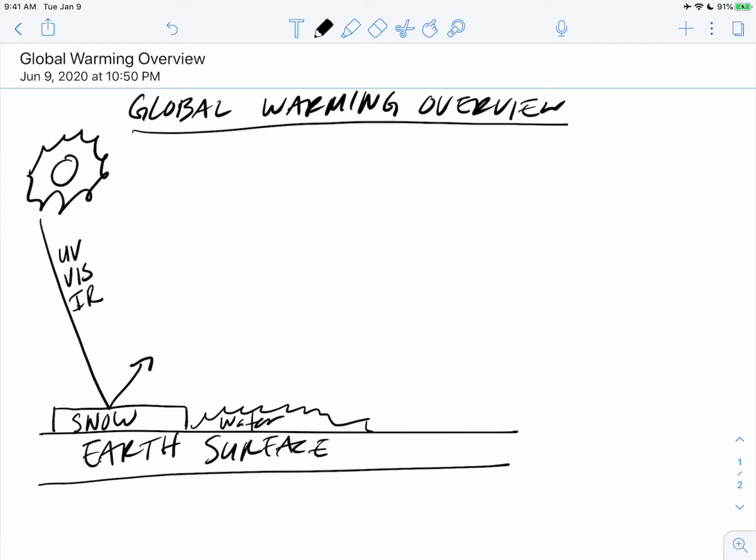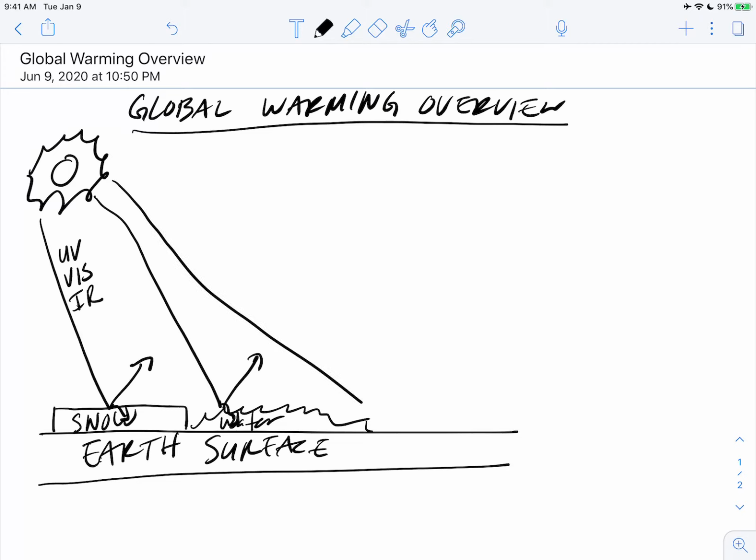Snow primarily sees reflection of this radiation. Water also predominantly sees a reflection. And this is going to be really important because a reduction of landmass that's covered in snow will reduce the amount of this radiation that is reflected, and increase what is absorbed by the surface.